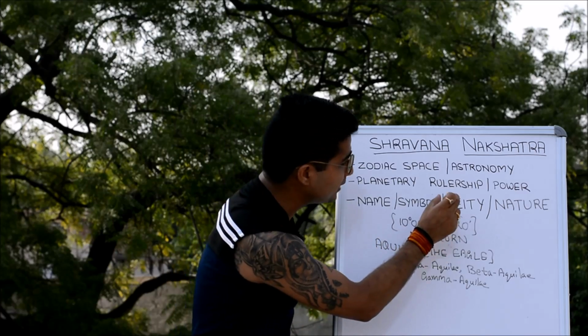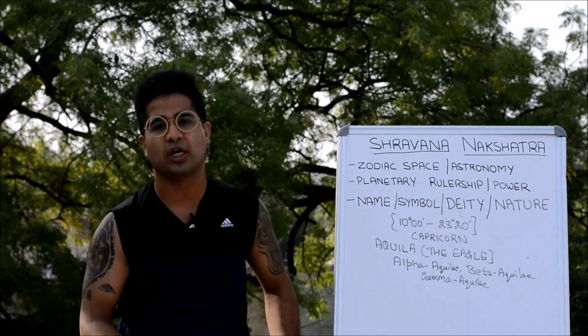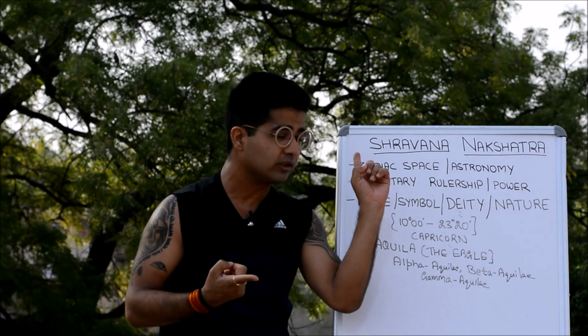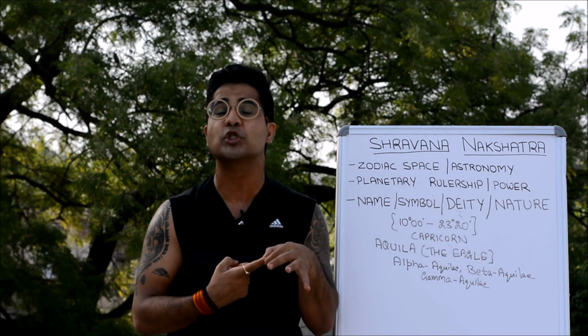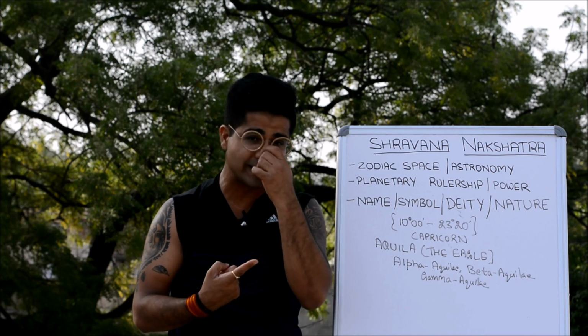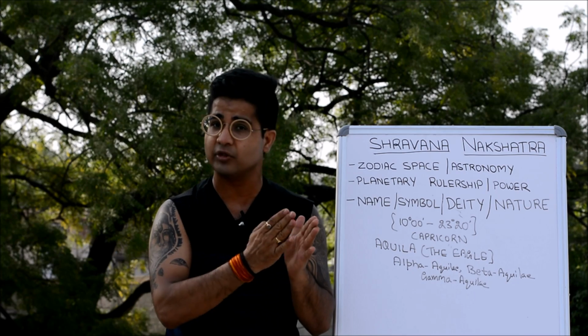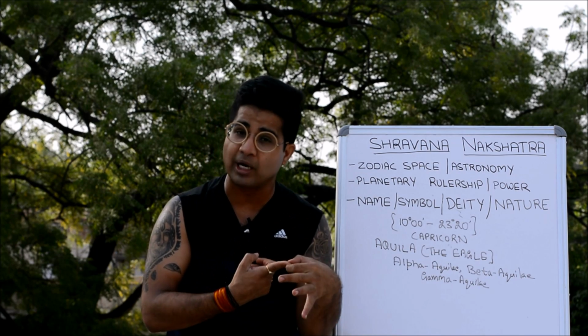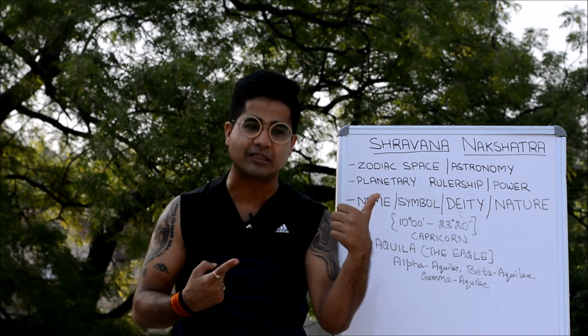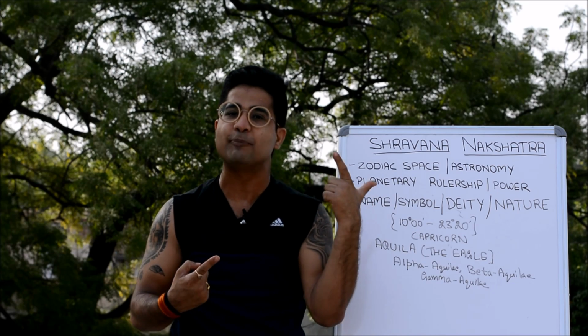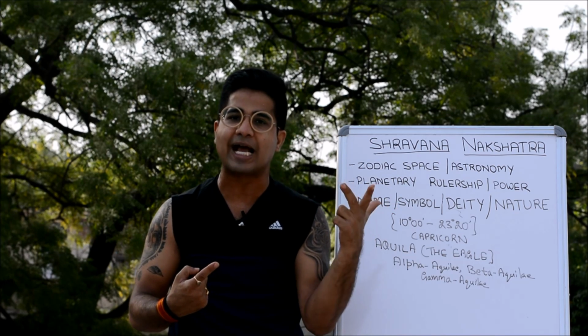When it comes to the deity presiding on this nakshatra, the very first god is Lord Vishnu himself. Lord Vishnu is seen as the preserver. Among the trine gods, Brahma is seen as the creator, Vishnu as the preserver, and Shiva as the destroyer.